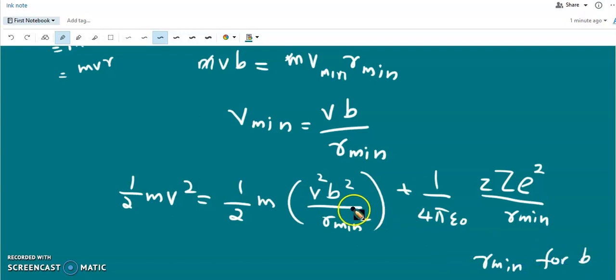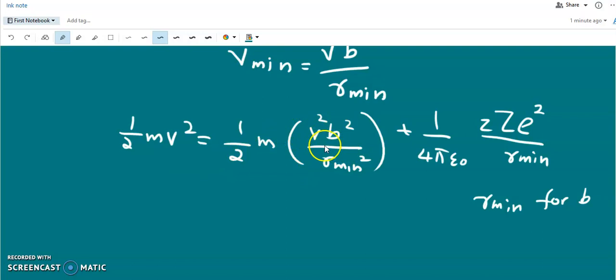As the impact parameter b changes, the R minimum value also changes. From this equation, we can see that this term is the kinetic energy of the projectile at R minimum, and this is the potential energy at that point. This is the kinetic energy at a far away point. The kinetic energy at R minimum is not zero when b is not equal to 0.